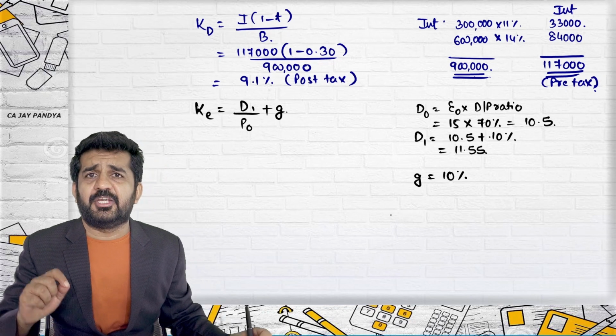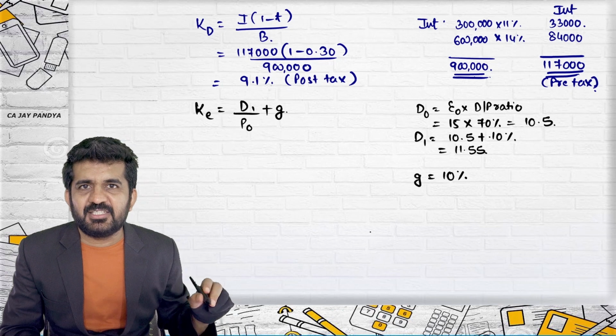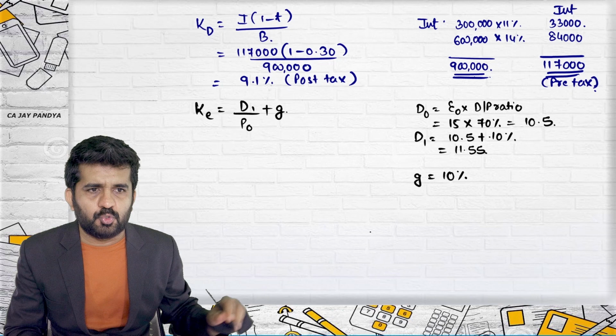In your calculator, you need to press 10.5 plus 10 percentage. Is it alright? In my calculator there is no percentage key, so I am doing it in this manner.